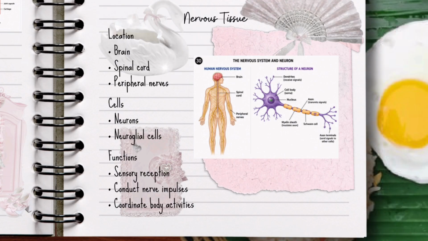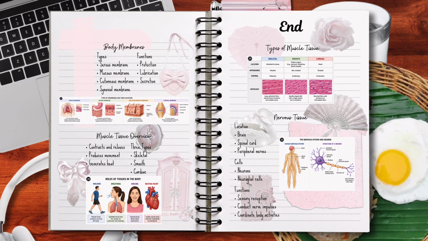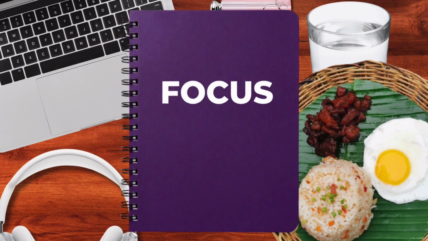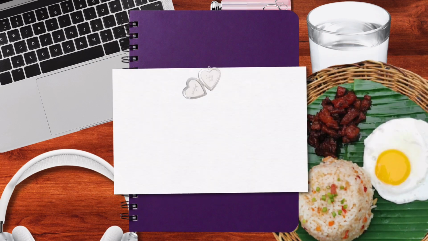Working together, neurons and neuroglia allow us to sense changes, process information, remember, learn, and coordinate both voluntary and involuntary activities throughout the body. Before we finish, let's do a quick recap of the key points.